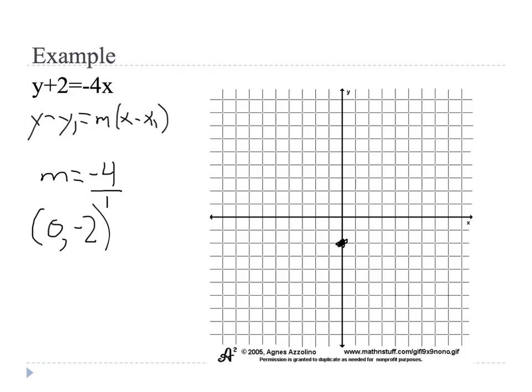A rise of negative 4, which means we go down 4, 1, 2, 3, 4, and a run of 1. And then plot that point. Once we have our 2 points, we draw the line that connects them. That was a horrible line, but you guys get the idea.